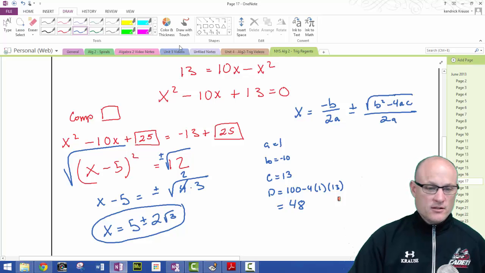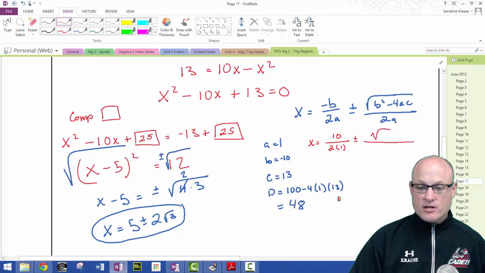So, I'm almost done now. X equals negative b is positive 10 over 2 times 1 plus or minus. Now the square root of 48, I'm going to already start to simplify because the 48 goes in here. But I'm going to write it as 16 times 3 because that's almost simplified already.